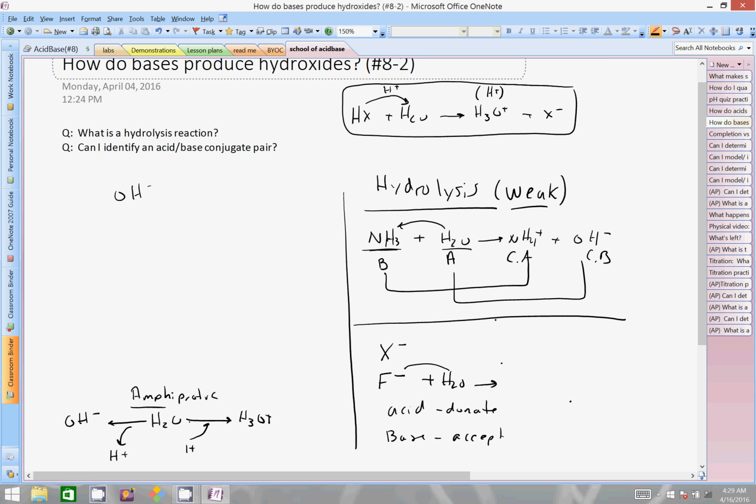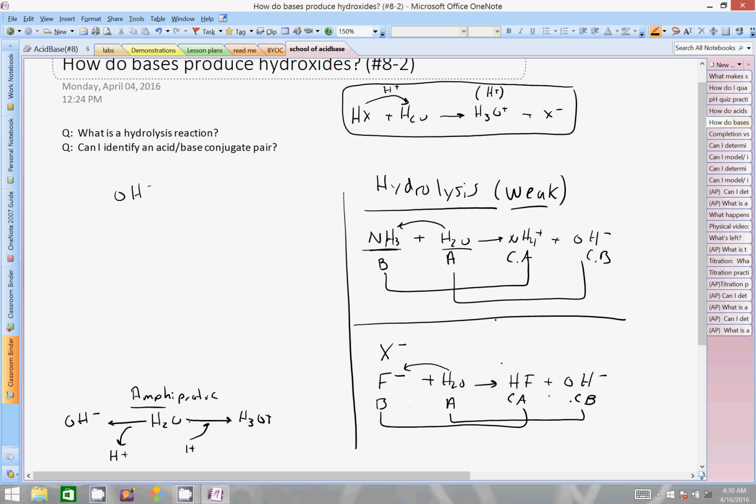Water donates to the F negative, giving me HF and OH negative. This is the donator acid, this is the base, this is the conjugate acid, and this is the conjugate base.